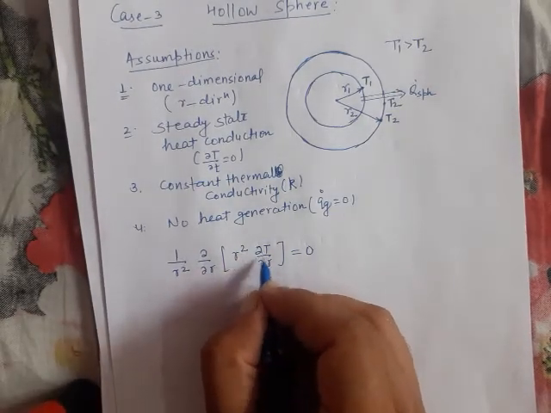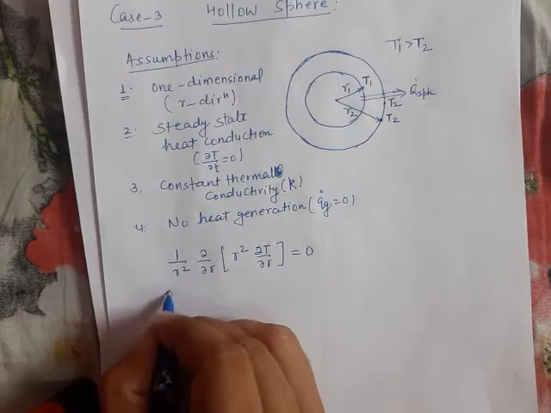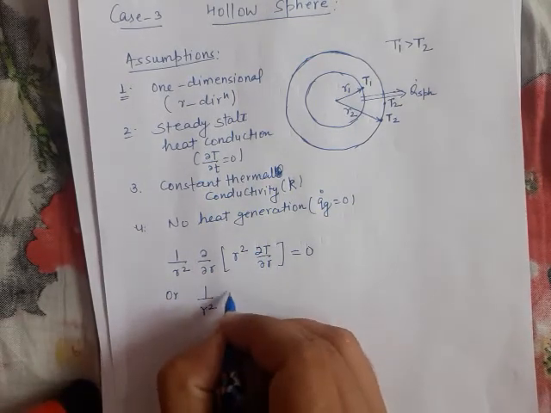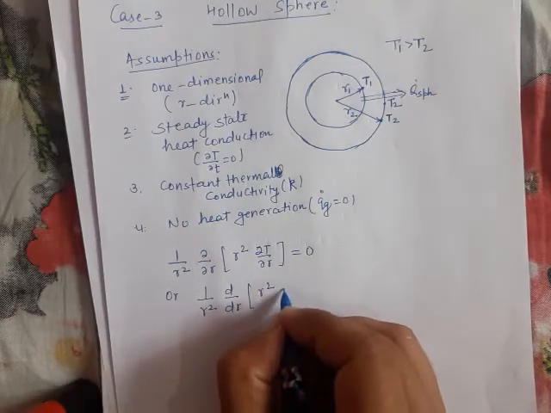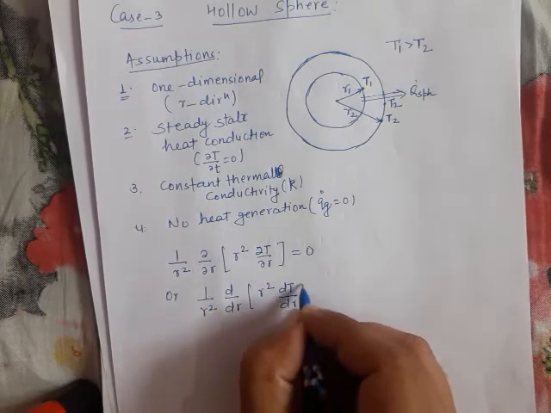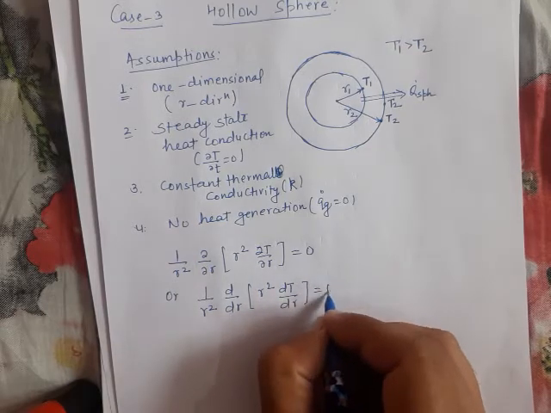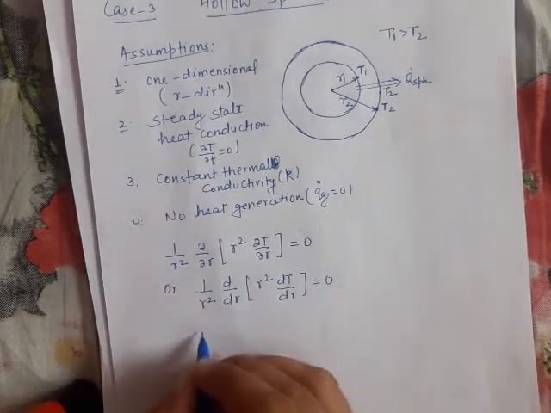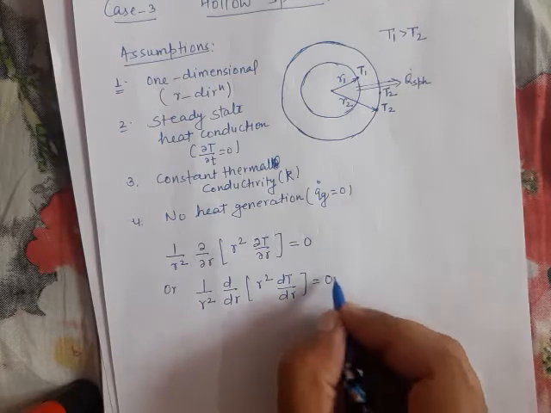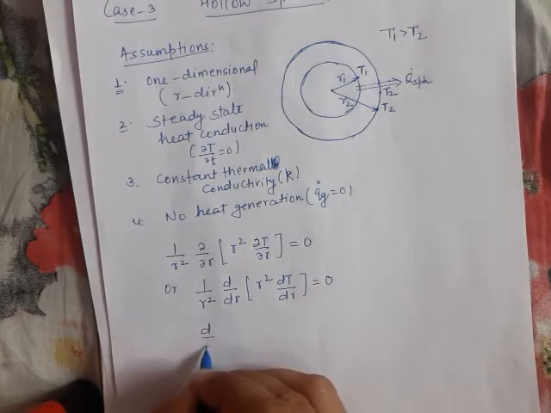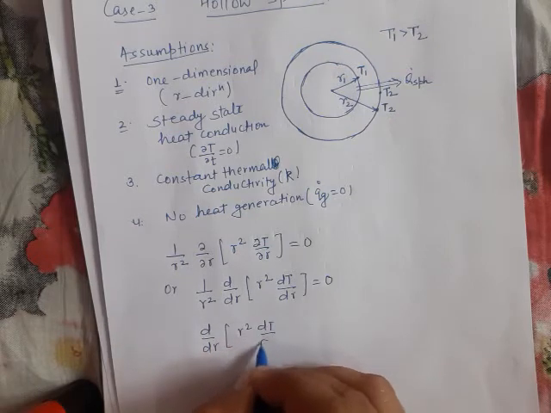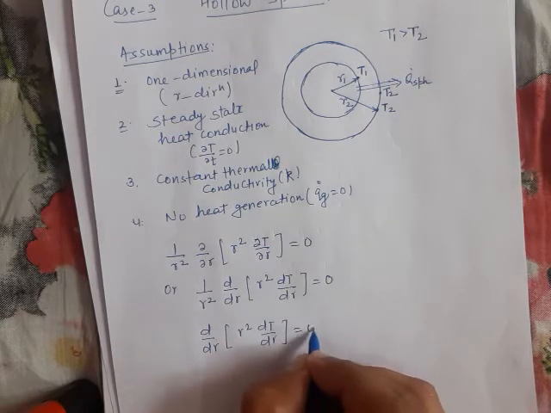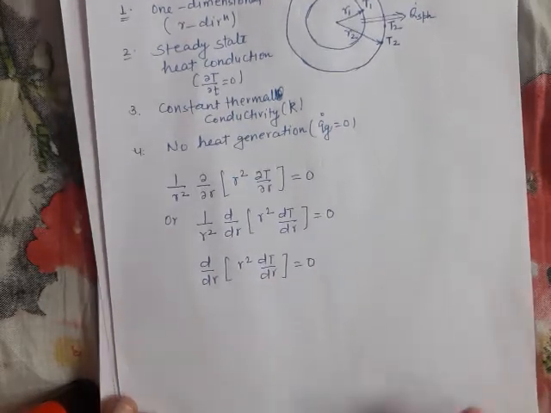This partial derivative can be converted into a total derivative, because we are dealing with heat conduction only in the radial direction. Or this equation can further be written, R square can be taken to the other side, multiplied by 0. So the equation will finally become d upon dr of R square dT upon dr equals 0. Now we need to integrate this equation.